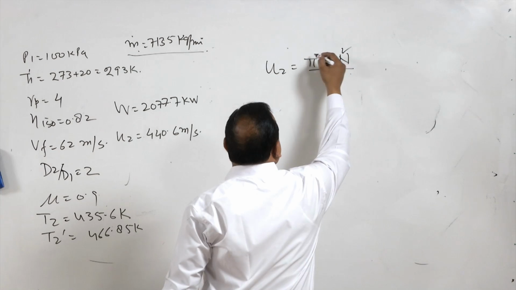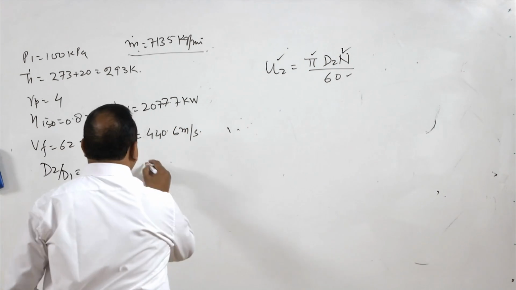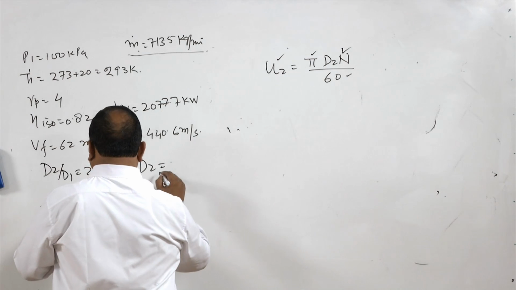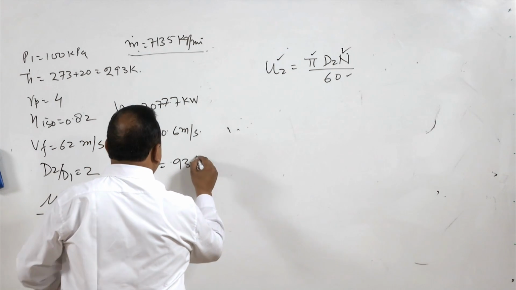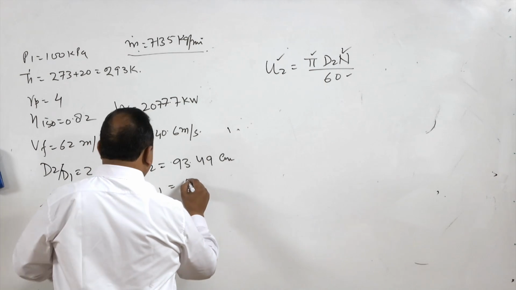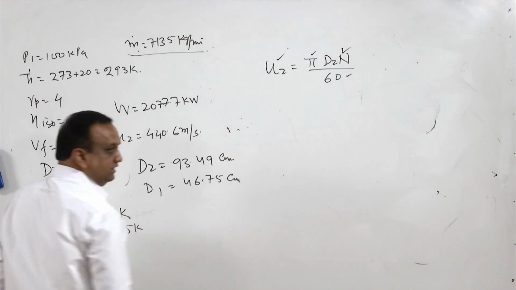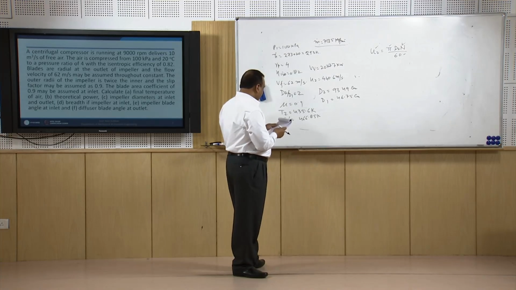D2 is not known, and that will give D2 as 93.49 centimeters, and D1 is going to be 46.75 centimeters, half of D2.